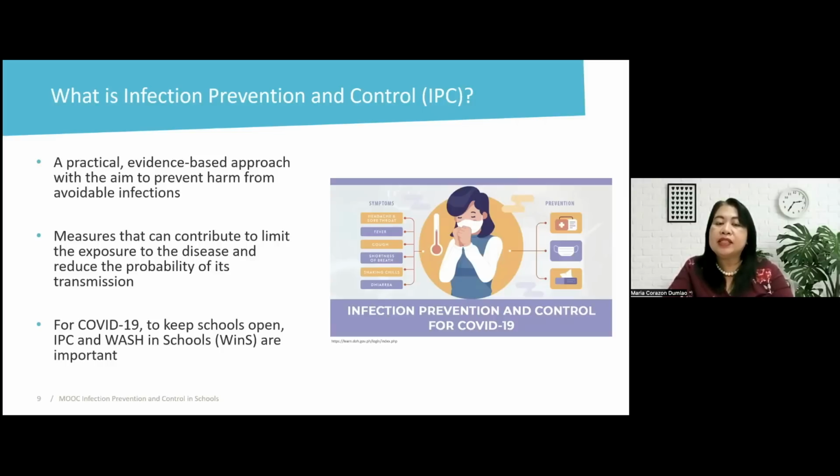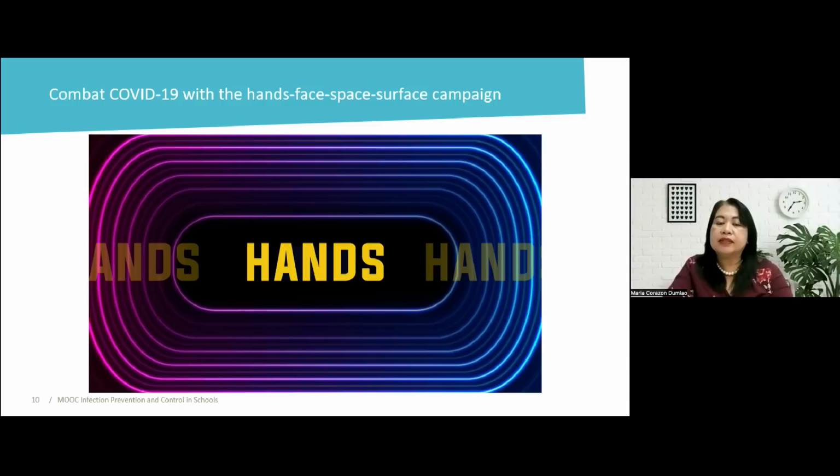So IPC is practically putting measures in place to prevent people from getting ill. You will learn much more about this in the rest of this course, but remember that it is closely connected to ensuring proper hygiene and safety measures, many of which you will be familiar with in the frame of the Philippines' response to the COVID-19 pandemic and specifically DepEd's response.